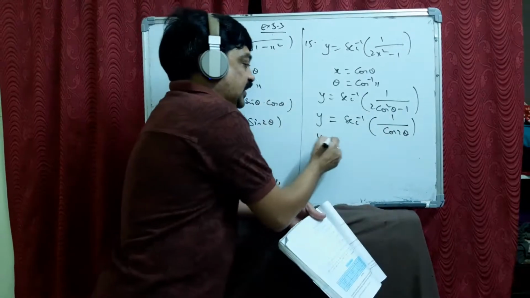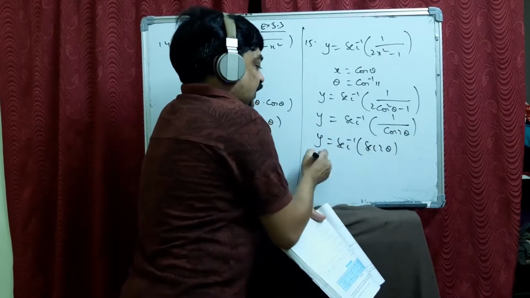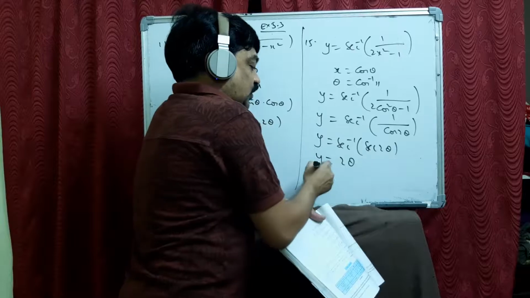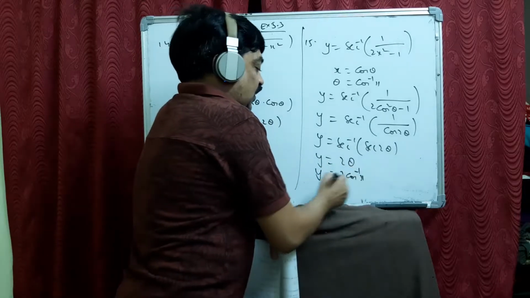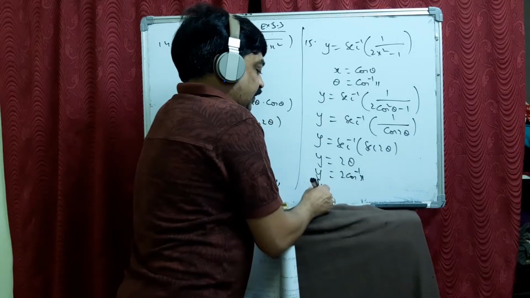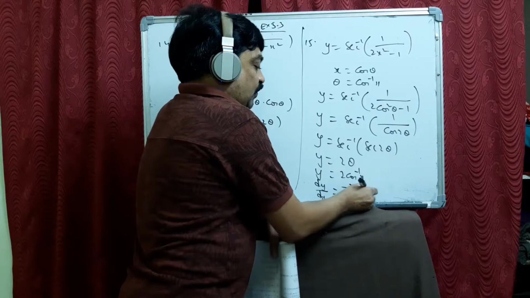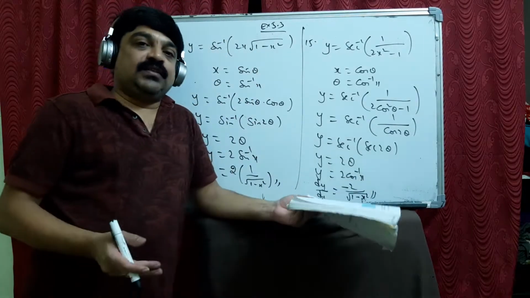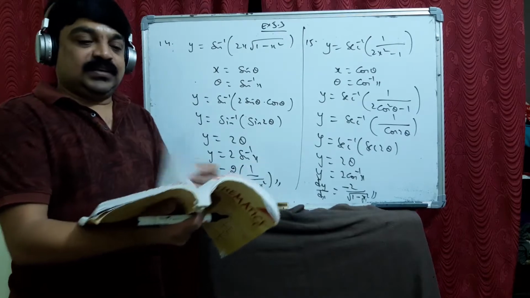Now you can write it as secant inverse of secant 2 theta. So it becomes sec 2 theta. What is theta? Cos inverse x. Now if we take the differentiation here, dy by dx is minus 2 by root of 1 minus x square. Cos inverse x derivative is minus 1 by root of 1 minus x square. Alright? All the best, guys.